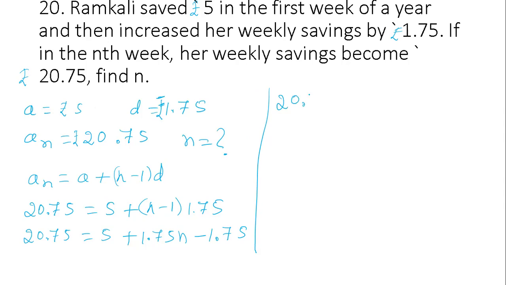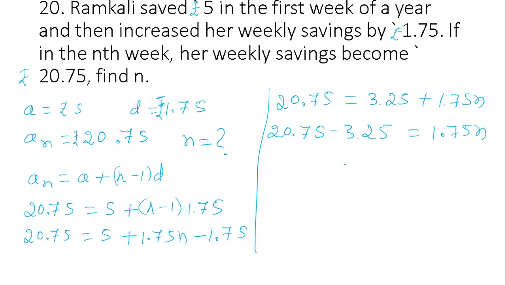This is 20.75 is equal to 5 minus 1.75, which is 3.25, plus 1.75n. 20.75 minus 3.25 is equal to 1.75n. 20.75 minus 3.25 is 17.50. 17.50 is equal to 1.75n.